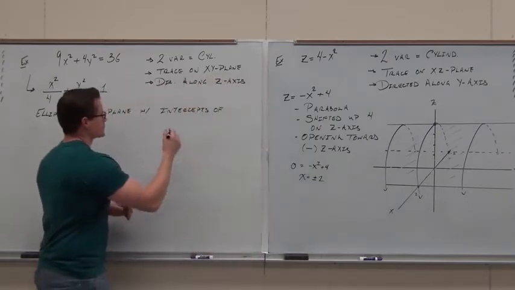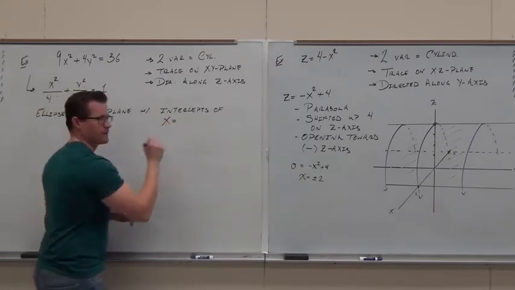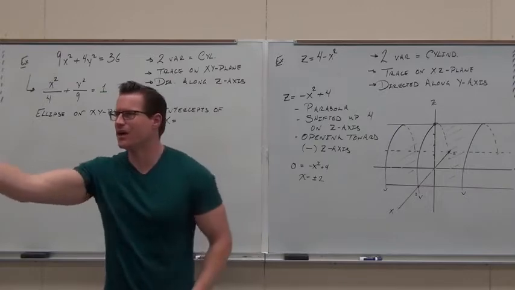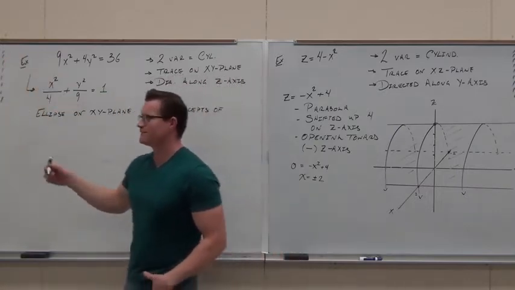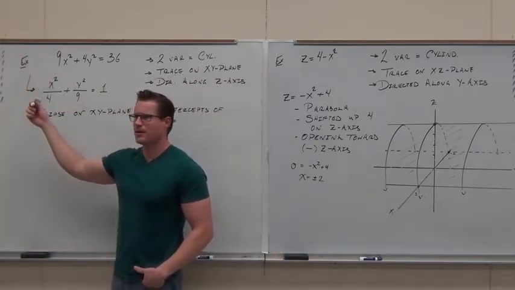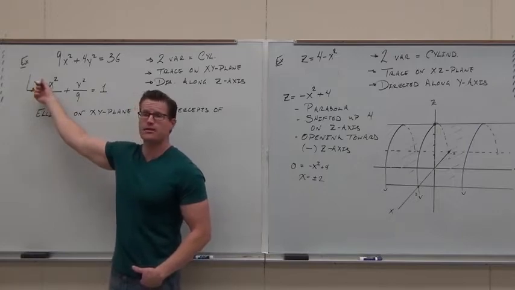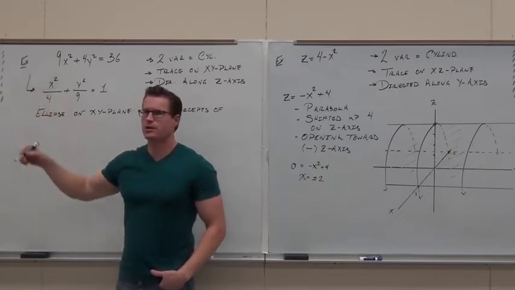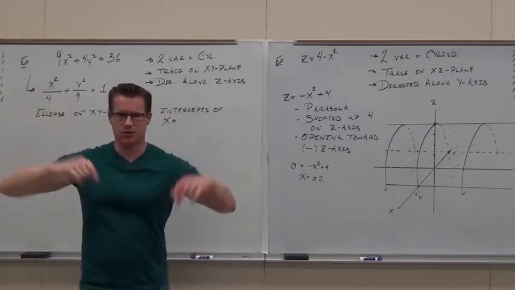What are the x-intercepts of that ellipse? 2 and -2. How do you find the 2 and the -2? Do you remember? Look underneath the x. What number is that? 4. Take the square root. Those are always your x-intercepts every single time. Just don't forget the plus and minus because ellipses spread out both directions.